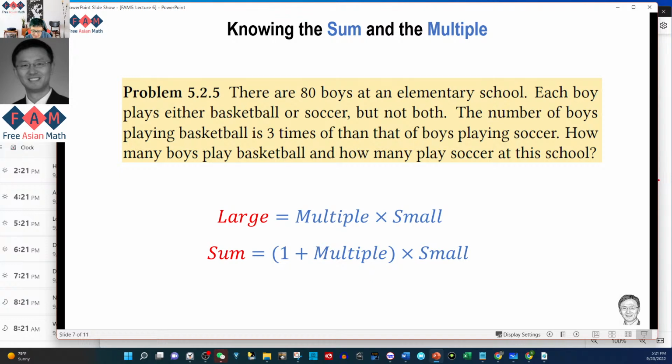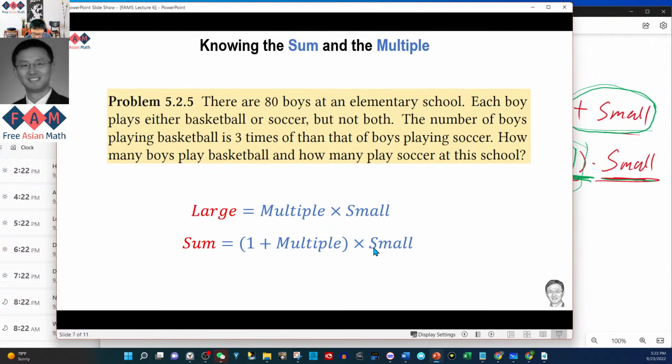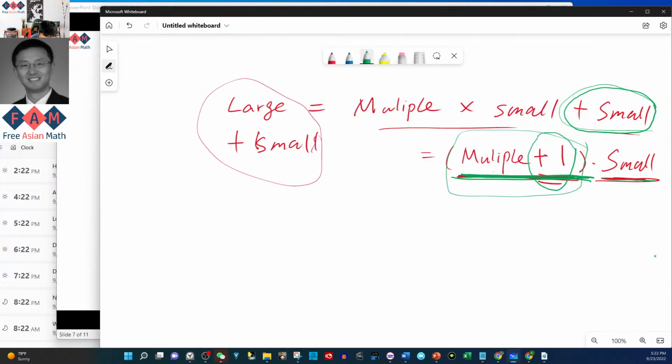Okay, so with this, what shall we do? Well, that's very simple, right? Because now, how do you figure out the small? You just divide this sum by the number of multiple plus 1. So in this case, the total sum is 80.